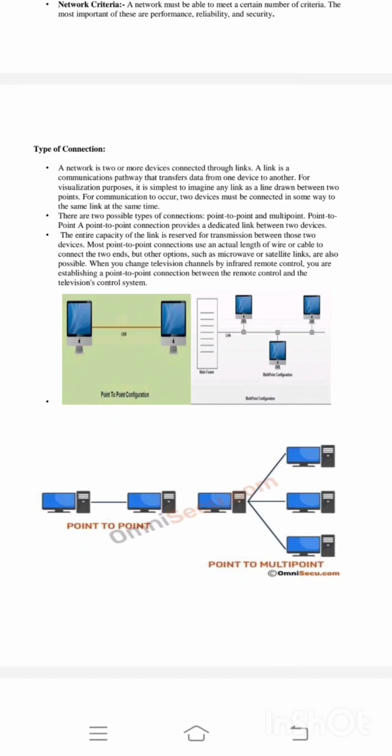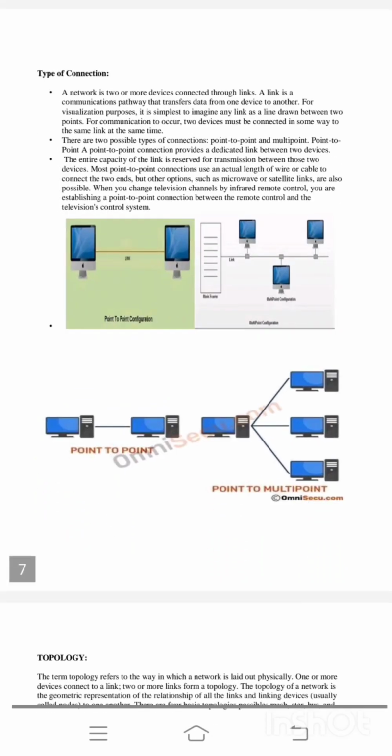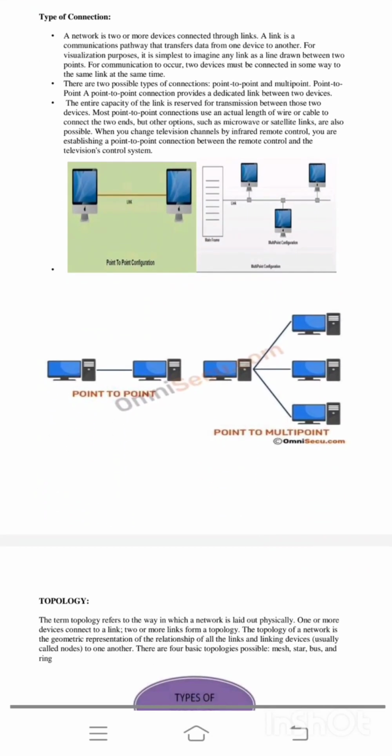Most point to point connections use an actual length of wire or cable to connect the two ends, but other options such as microwave or satellite links are also possible. When you change television channels by infrared remote control, you are establishing a point to point connection between the remote control and the television control system.